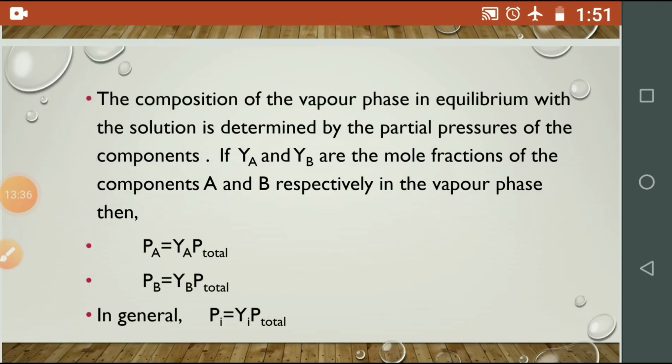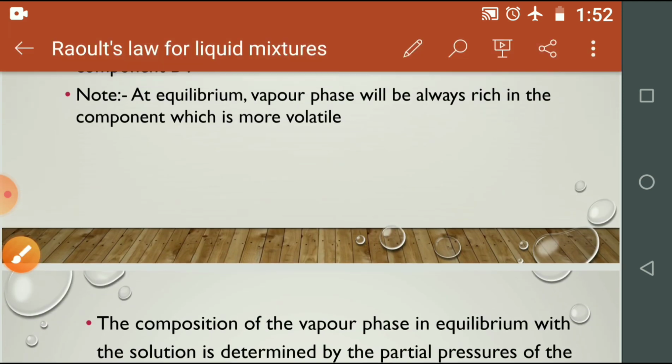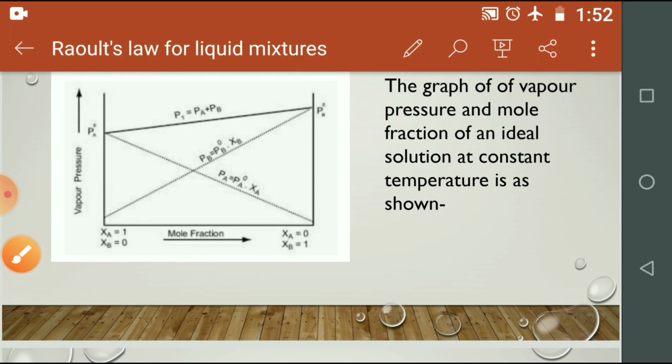And they will ask you problems based on this equation, that is they will ask you to calculate the composition of A or B, or any two components will be given. They can ask you to find out the composition in the vapor phase. The total pressure is given, sometimes they will give you the partial pressure, or the vapor pressure in the pure form is given.